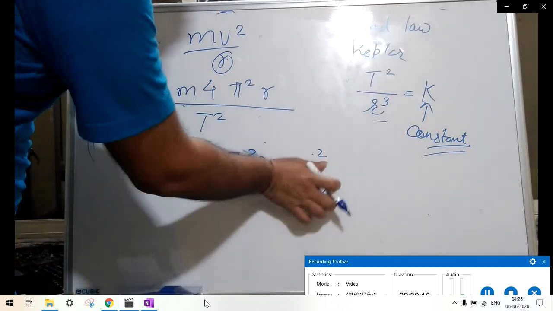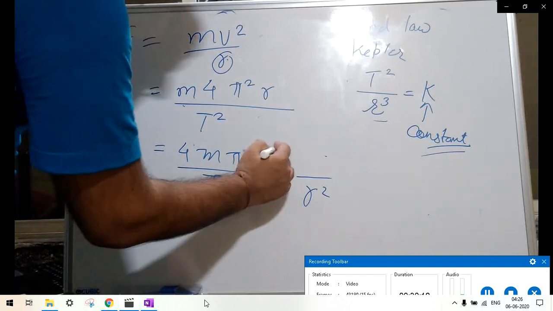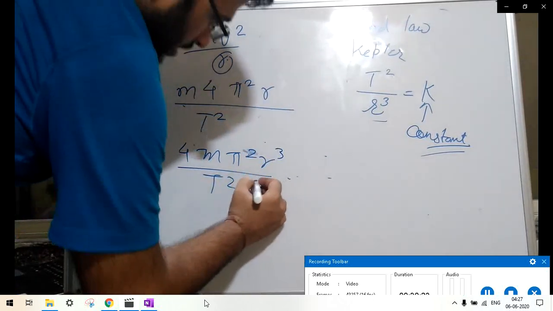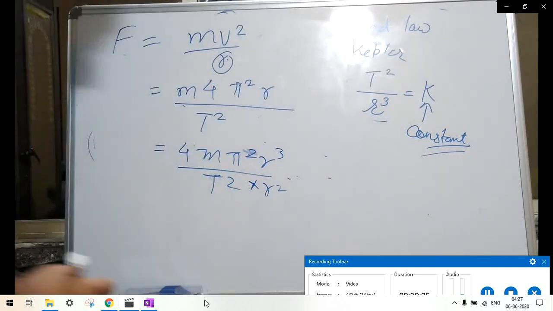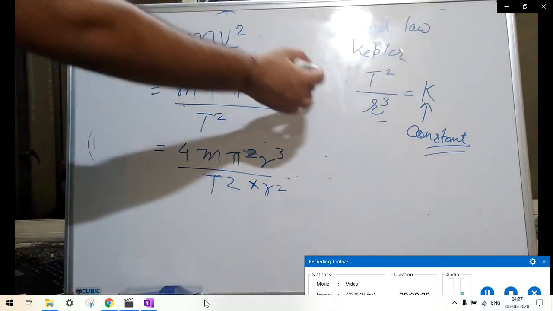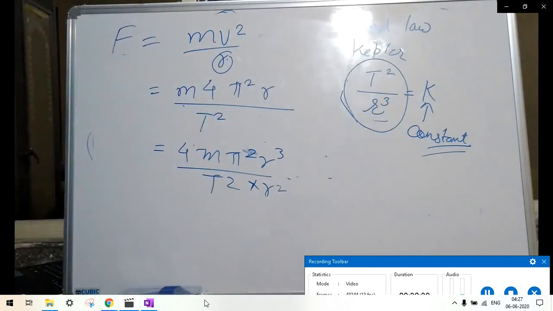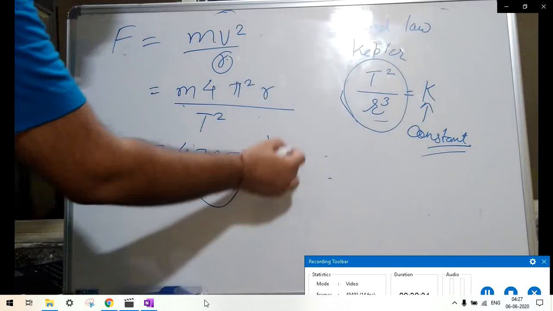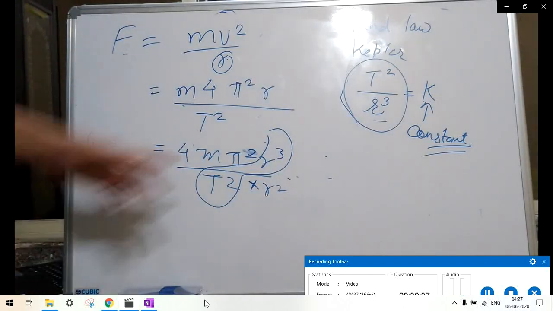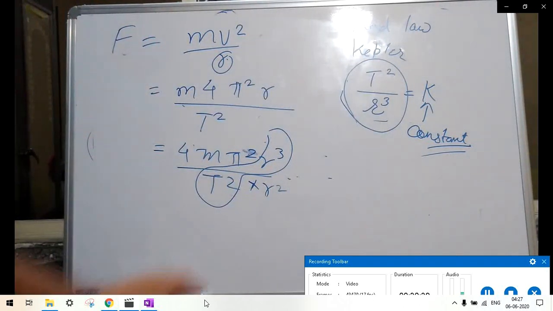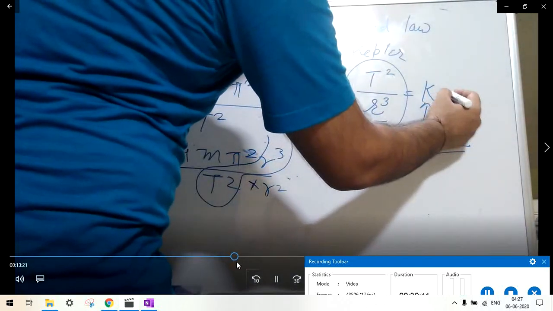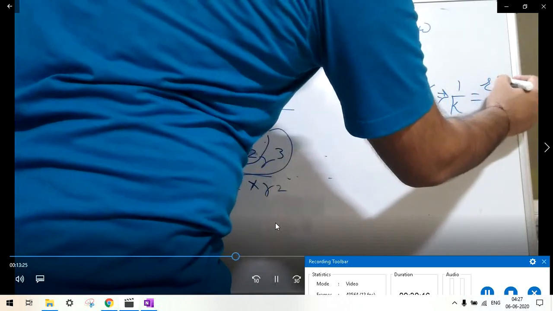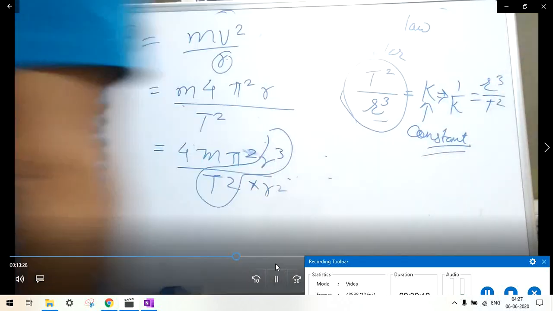Now let's see, if I multiply R with R square, it will become R cube. And in the denominator, we will have R square. Now, T square by R cube is equal to K. So R cube by T square, if you look at this term, right? T square by R cube is equal to K. It means 1 by K will be equal to R cube by T square, right?